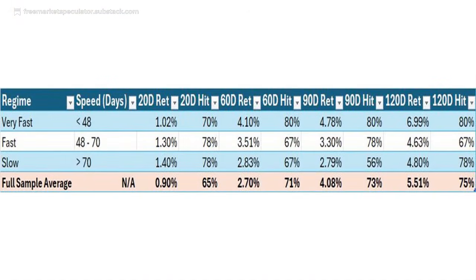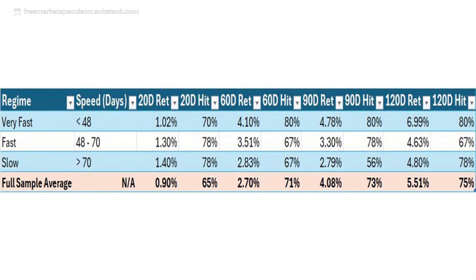However, what's really interesting is to look as we move further out in time from these signals, and there's just no contest. Over 60 trading days, the average return from very fast momentum shift signals, like the one we got this month, rockets to 4.1% with an 80% hit rate, compared to 2.83% and a 67% hit rate for slow signals.